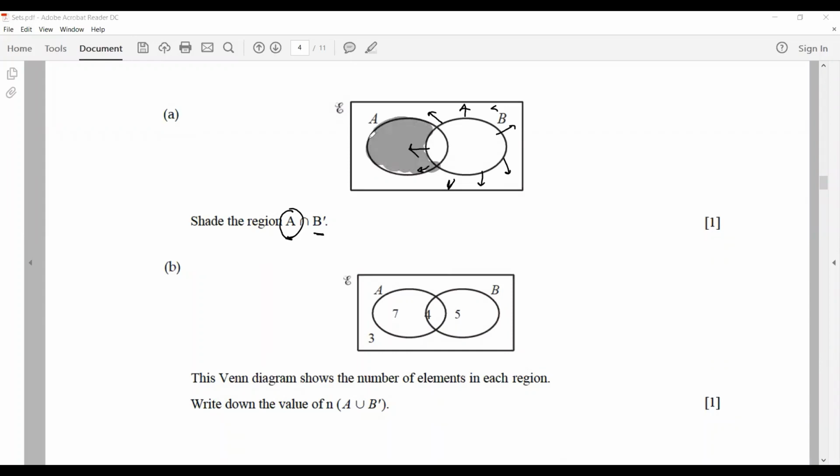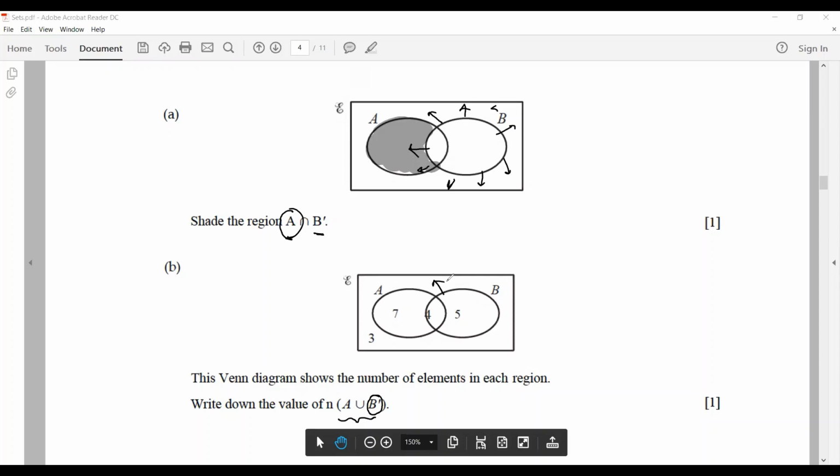In B, they're saying a Venn diagram shows the number of elements in each region. Write down the value of N A union B complement. So you have to find the B complement first.